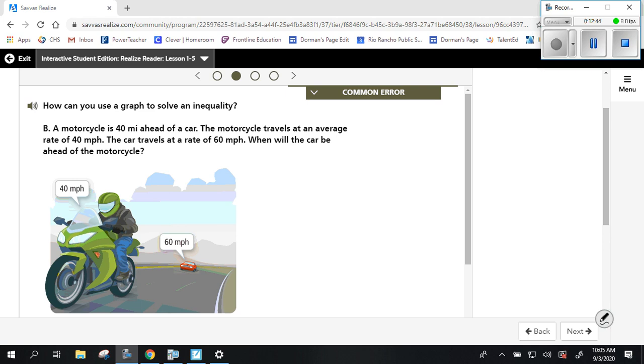So wouldn't it be safe to say that for our motorcycle, we could model the distance traveled by 40x, where x is the hours that have passed. x is hours.